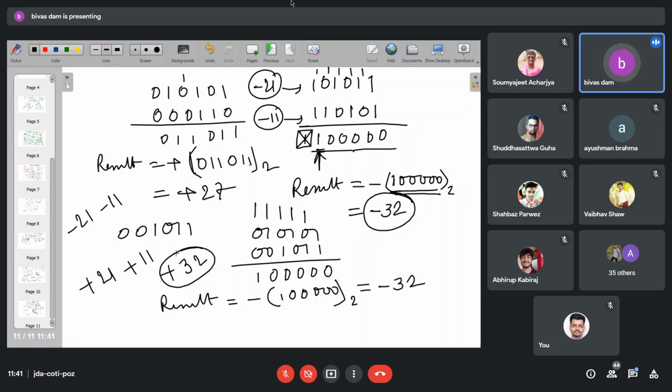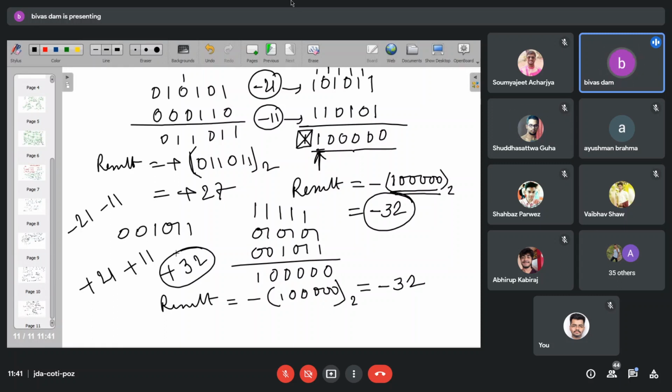If both operands have the sign bit 1 but the result has the sign bit 0, in that case also I have to raise the overflow flag. You got the point? The logic for generating the overflow flag? Yes, sir.